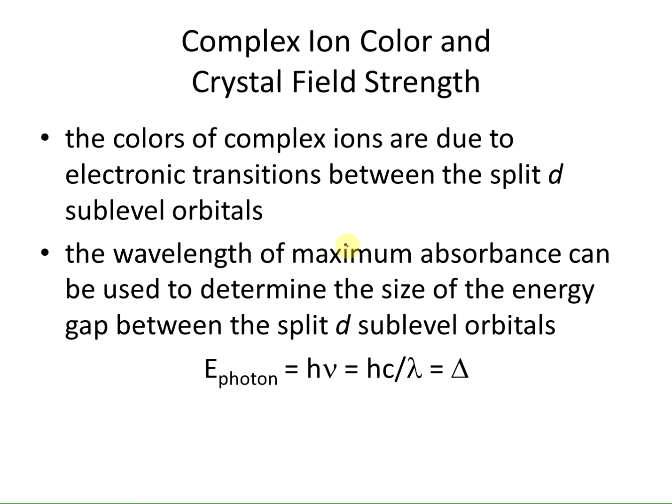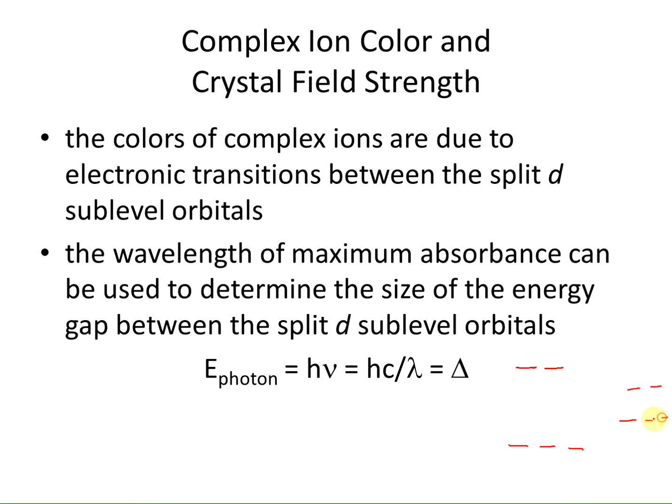So the colors of complex ions are due to the electronic transitions between the split d sublevel orbitals, the electron being excited into them. And the wavelength of maximum absorbance can be used to determine the size of the energy gap between those split orbitals. So let's say we have a big split versus a small split.